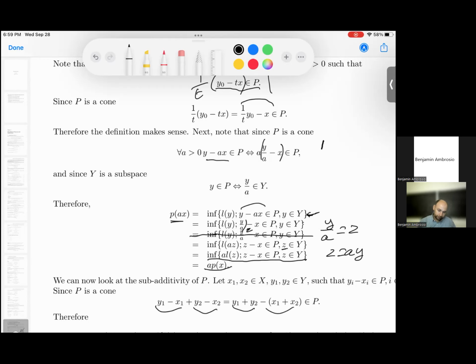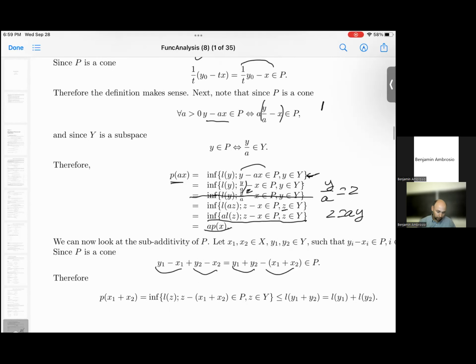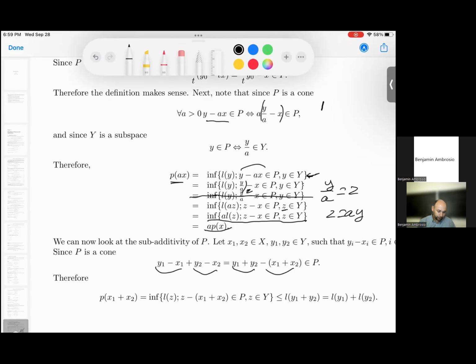It's the same. But now, this is interesting. Why? Because now, if I look at the definition of p, which is this infimum here, this is the definition, right? But now I know that y1 plus y2 belongs to this set.